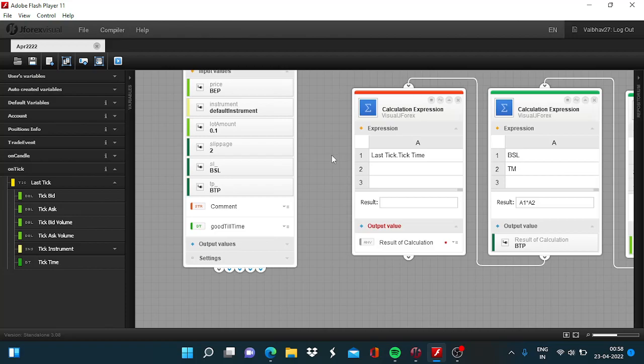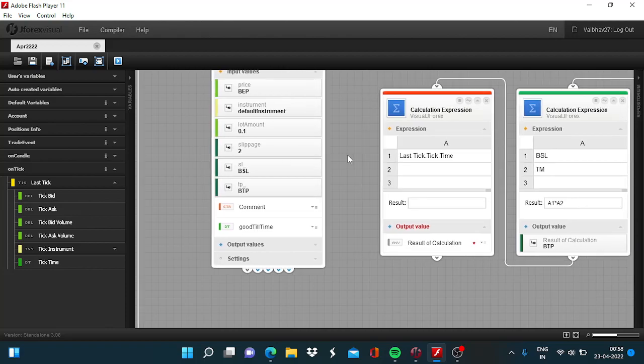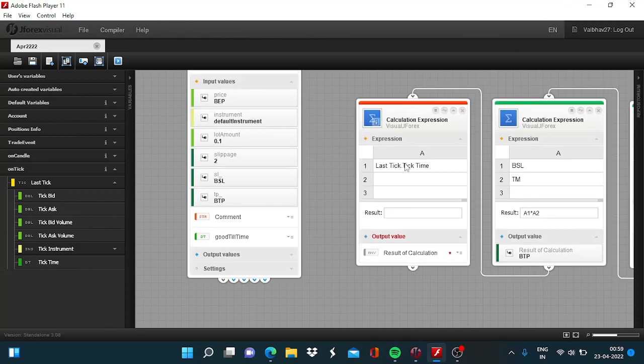So if you want to keep the order valid for 1 hour, then you have to add 3.6 million ticks to the last tick time. If you want to keep it for 2 hours or say 3 hours, then you have to multiply the 3.6 million ticks by required multiple. So for 2 hours, we are going to multiply the 3.6 million ticks by 2.